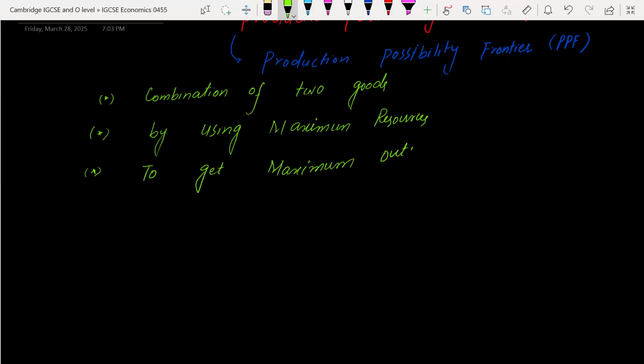This is the definition of the production possibility curve. Means you can say the maximum possible output combination of two goods or services that an economy can produce given its available resources and technology. So, combination of two goods by using maximum resources to get maximum output.